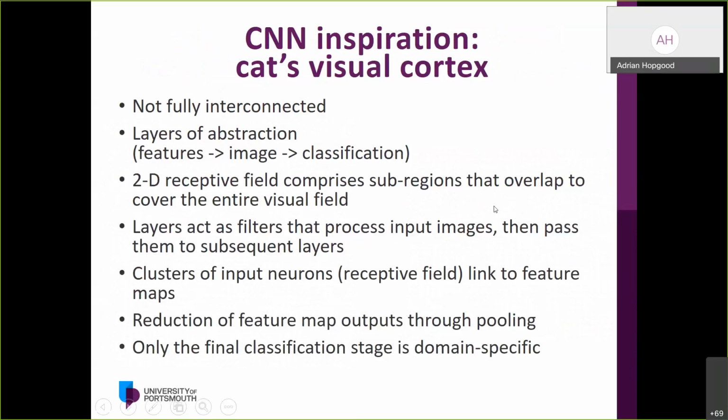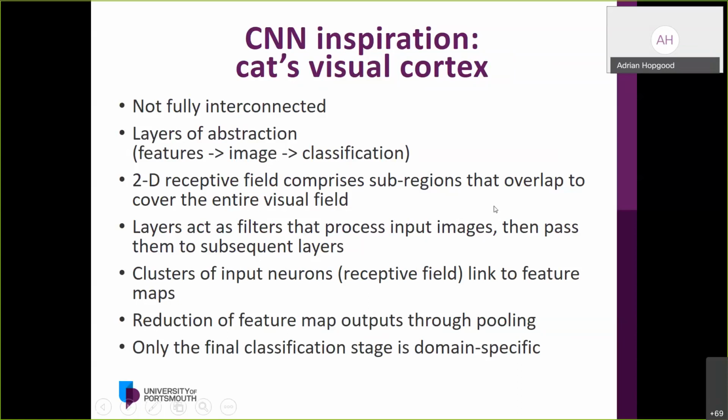So if we look a bit more about the general concept there of the convolutional neural network, it's inspired by the cat's visual cortex in the sense that it is not fully interconnected. The interconnections are those that mimic what's in the cat's visual cortex. You have this idea of layers of abstraction. So you move from features to a broader understanding of the image, and then finally classifying.